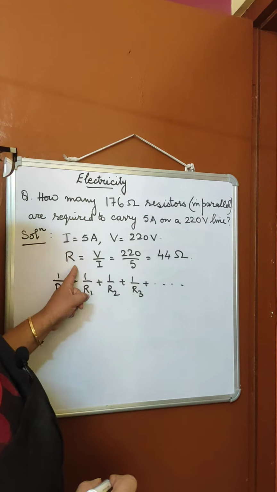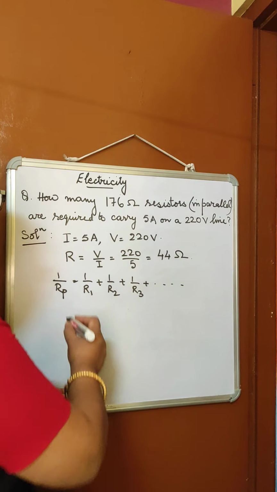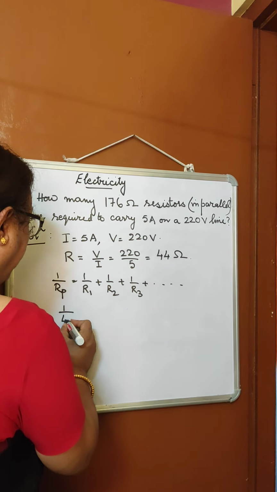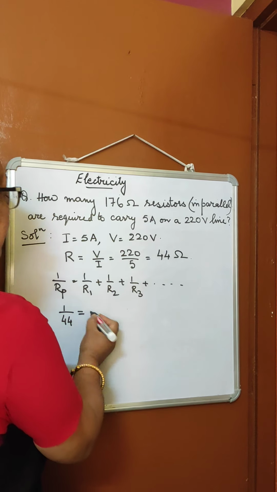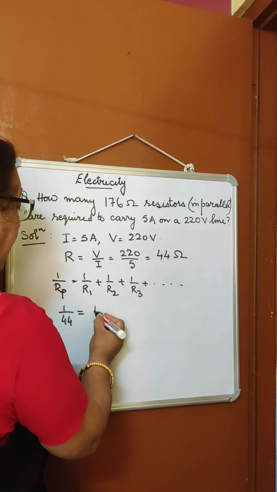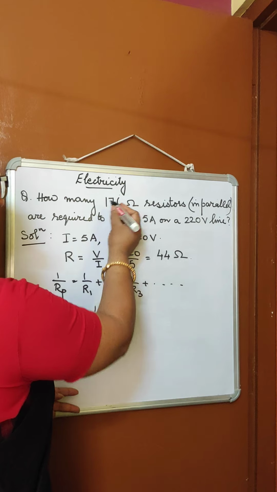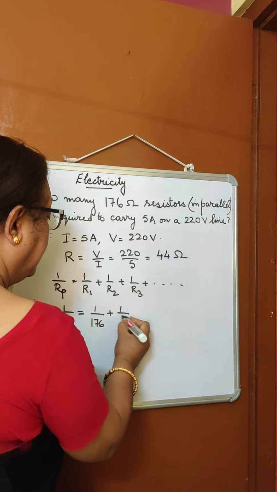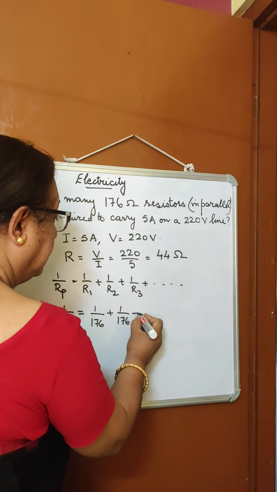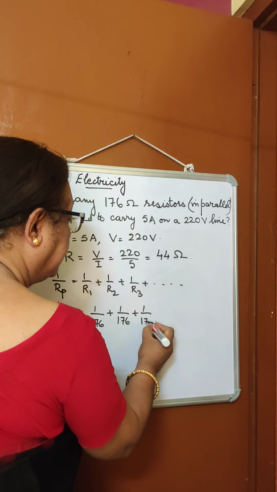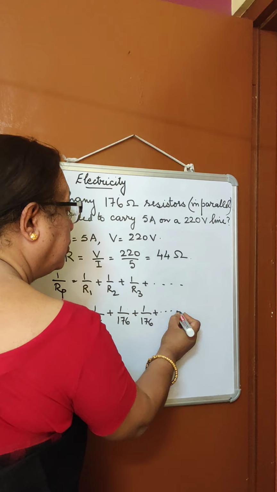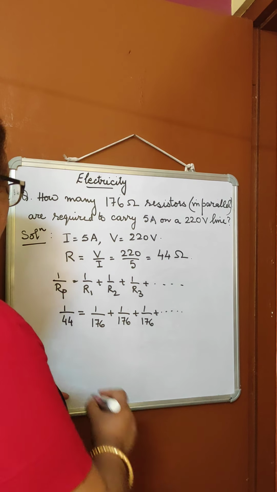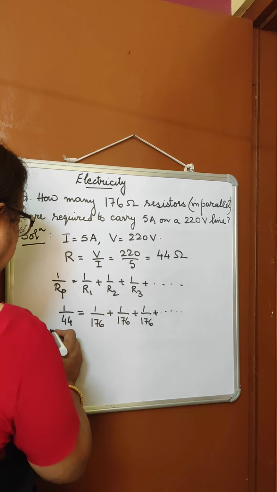Now here the total resistance is 44 ohm. So 1 by 44 will be equal to 1 by 176, the first resistor, plus 1 by 176 for the second, again 176 and so on. Now let there be n resistors.